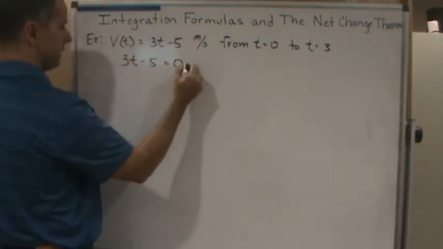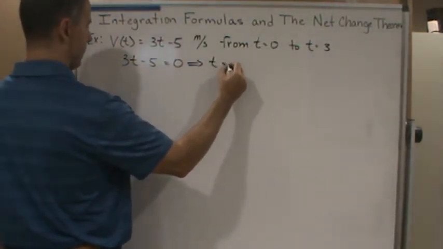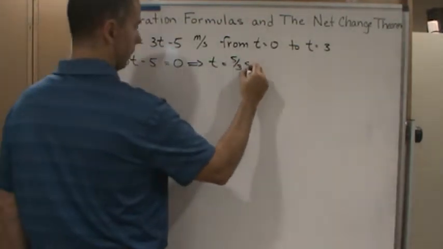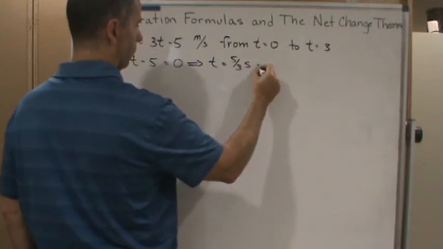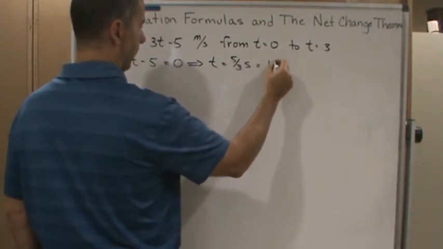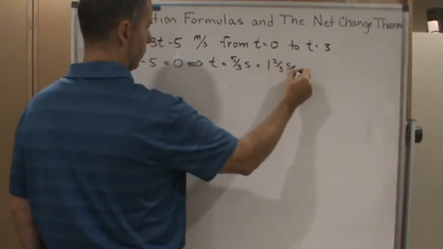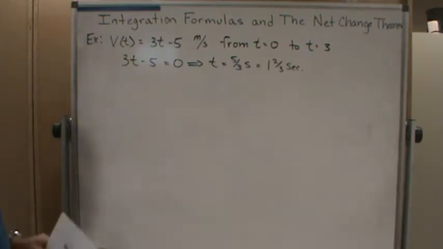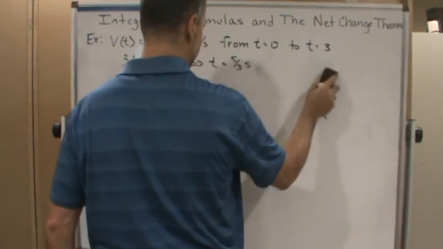That tells me that t is equal to 5/3 seconds, or 1 and 2/3 seconds. That's when the particle stops. I'm just going to use 5/3 because that's going to be easier.